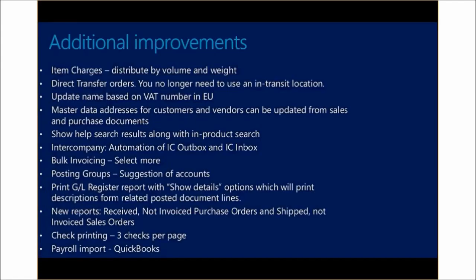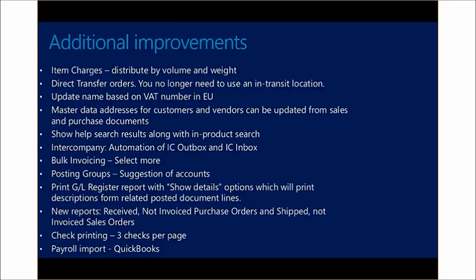And in addition, there are another 10 or so enhancements in the application, additional improvements. The item charges now, you can distribute by volume and weight. The transfer orders no longer need to use an in-transit location. Updated name on the VAT.